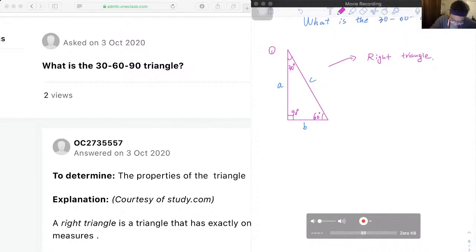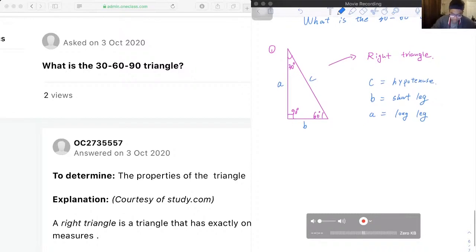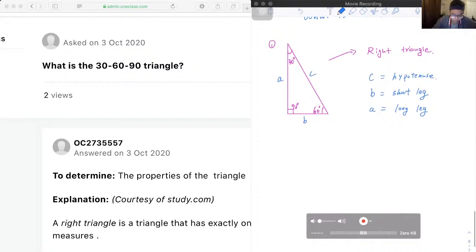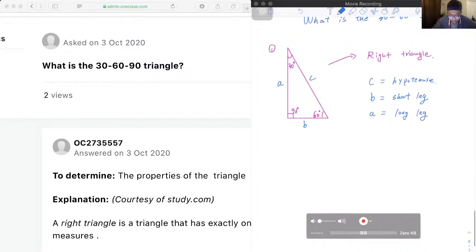So we have our A, B, and C. In this triangle, C is what we call the hypotenuse, B is what we call the short leg, and A is the long leg. I'll just write H for hypotenuse. So that's the basic introduction of what this graph looks like and the name of each side and angle.